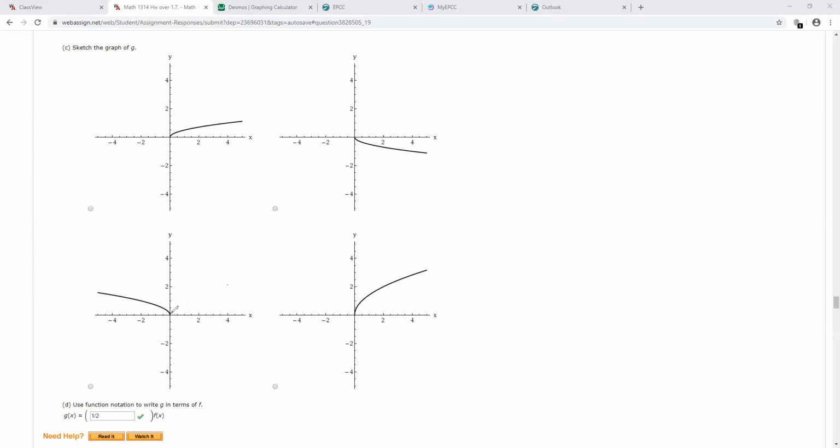Ooh, well, I guess they made it more difficult than I was thinking they would have. Here is y equals square root. And they first reflected it over the y-axis, so that would be a reflection. And that means multiplied by a -1.